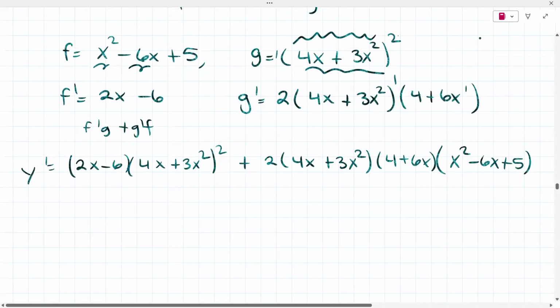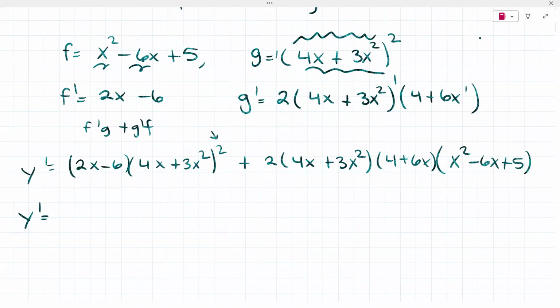So you can leave it like this, but more specifically, is there anything you can factor out? I think we could factor out a 4x plus 3x squared. And I think we can only take out 1 because this has 2. This is 1. Yeah, we could take that out.